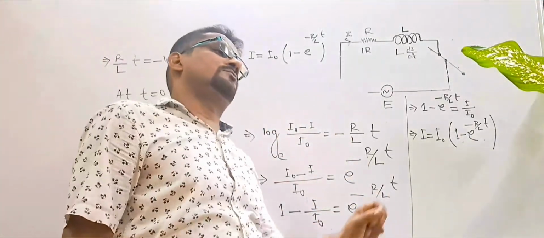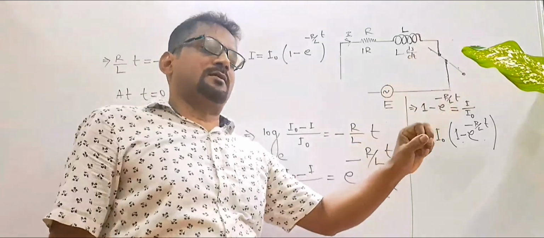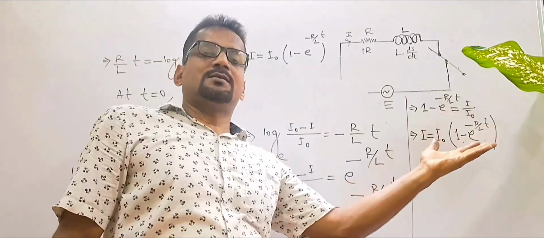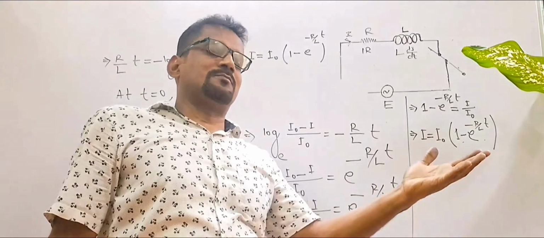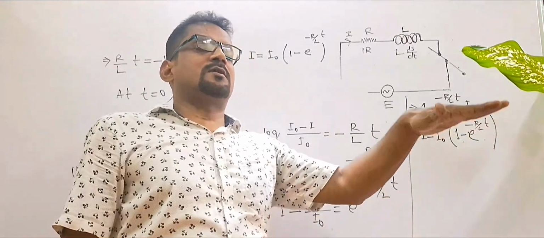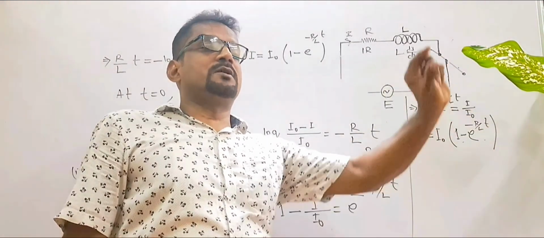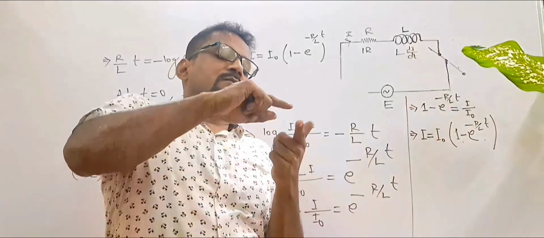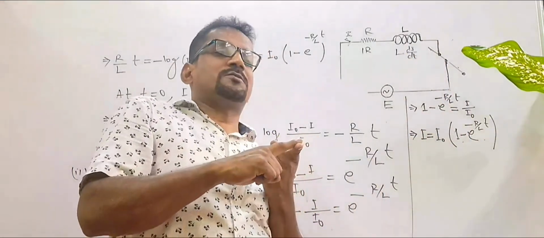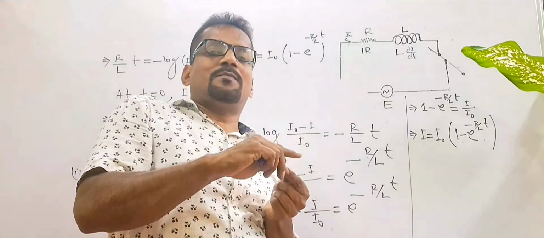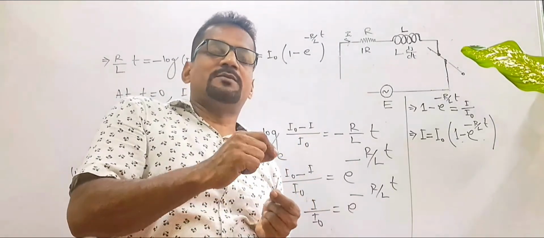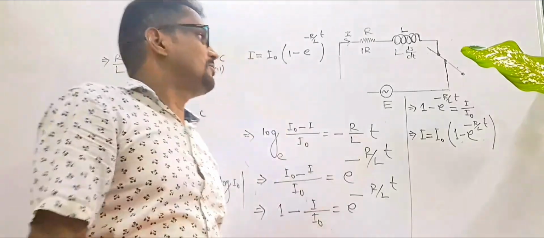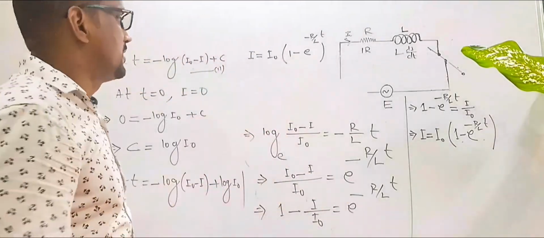When you close the circuit, means switch on, the current is gradually growing. So during that time, at any moment, what is the value of current? Say whenever you plug in the switch, then after 5 seconds, at t equals 5 seconds, what is the current? Instantaneous current. That value you can calculate from here.